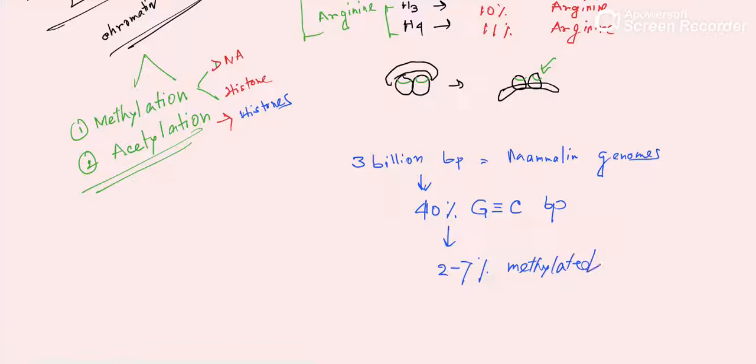So we can easily say that in the human genome of 3 billion base pairs, 40% is GC, and only 2 to 7%, a very low percentage, is present in the methylated form.